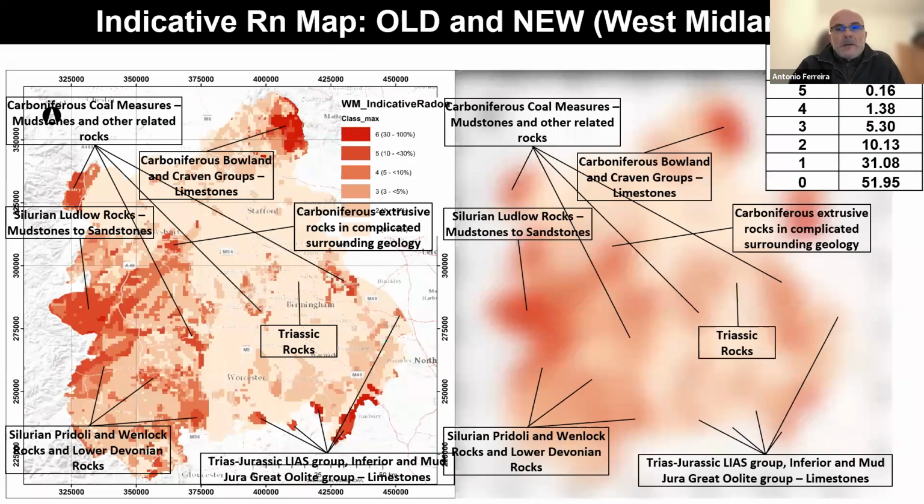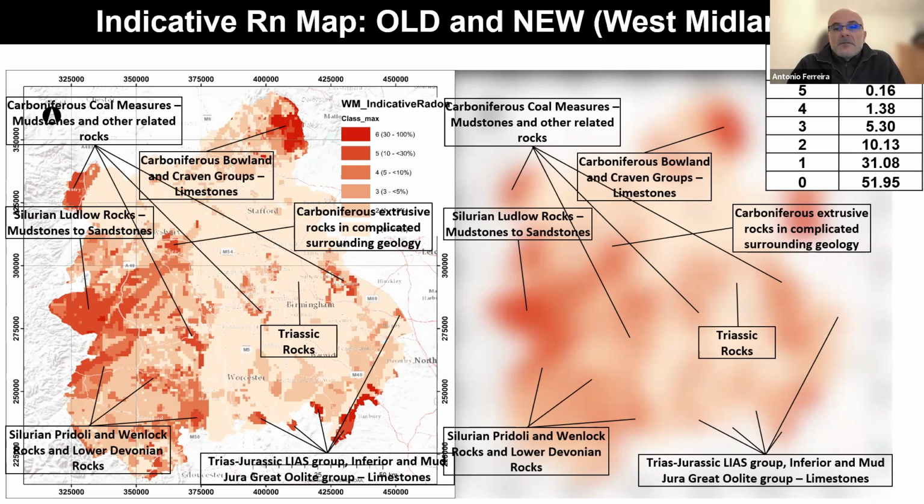On the left, you can see the old indicative radon map, and on the right is a blurry new indicative radon map. Sorry, the release is only on the 1st of December. The new one shows the same pattern, although generally slightly more extensive in some cases.